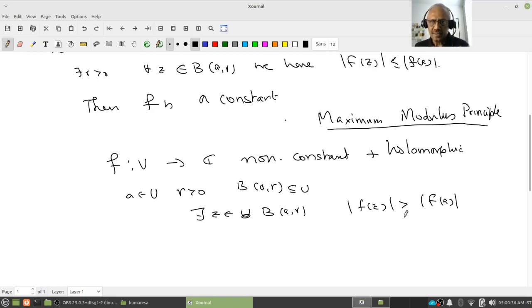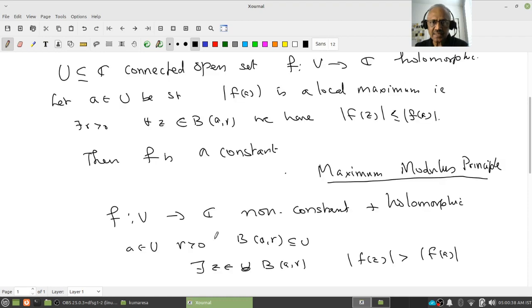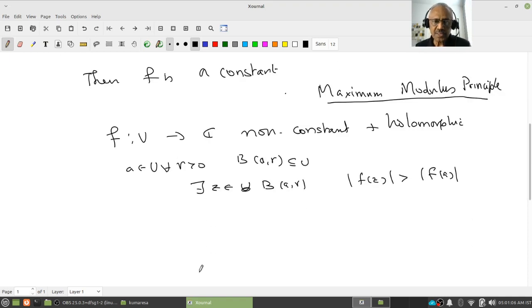Please understand. This will allow you to really understand what the maximum modulus principle is about. Many students have problems, that's why I keep repeating. So why does it say that? Because suppose it does not, that means what? Suppose this is false, what does it mean?